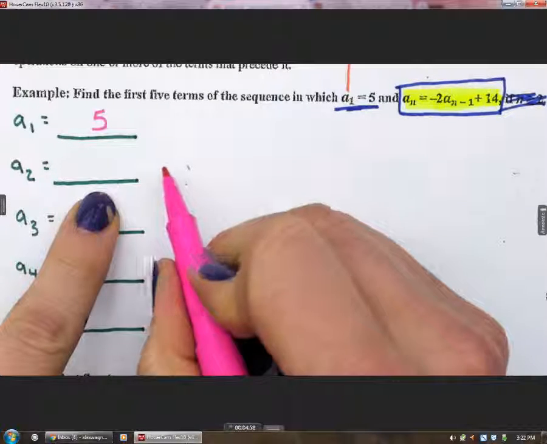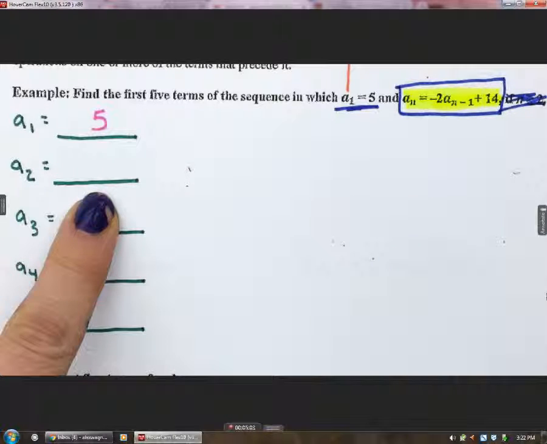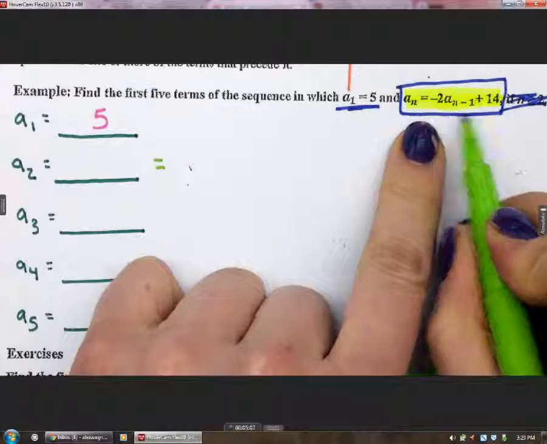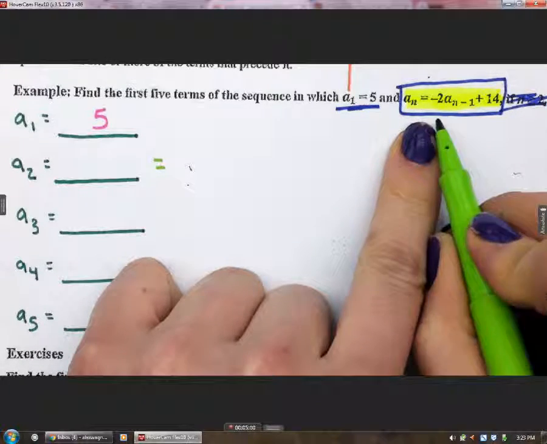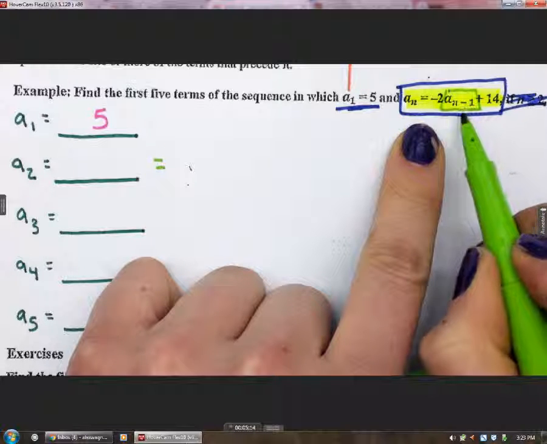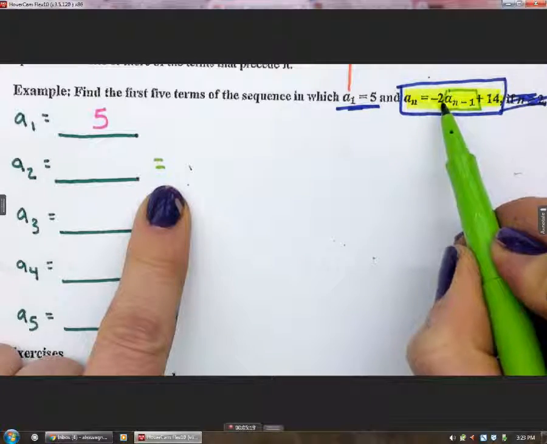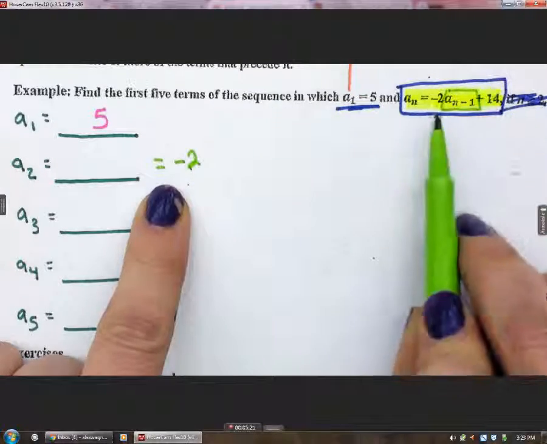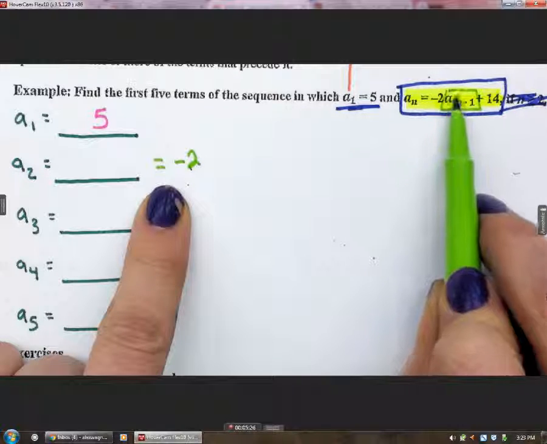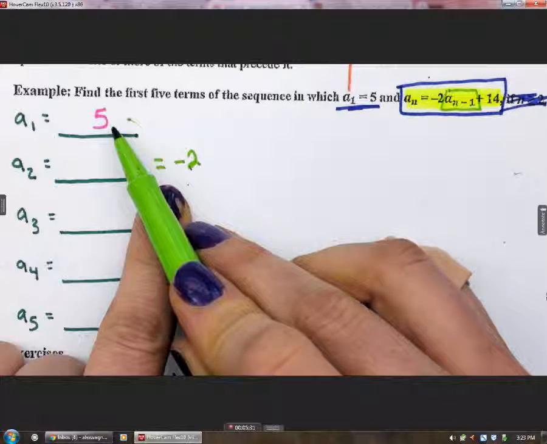The way that we do that is we can write out this equation right here, but instead of using this a sub n minus 1, that just means the number before it, the stair before it. So I'm going to write negative 2. I got the negative 2 from my equation right here. But then instead of this a sub n minus 1, I'm going to use the number I had before it. So the number I had before it was 5.